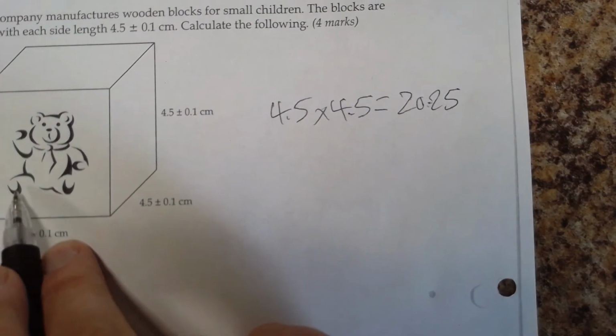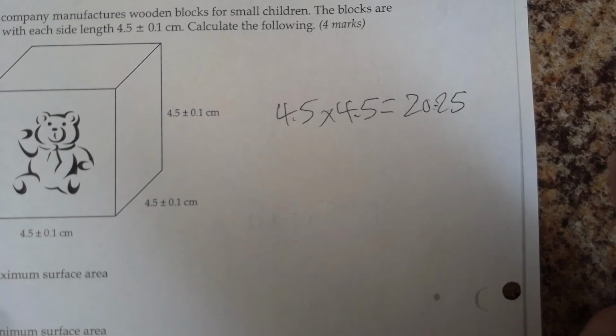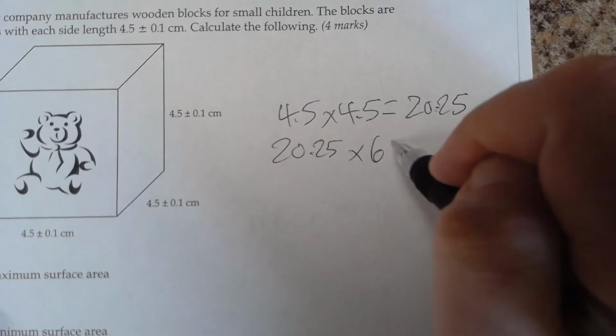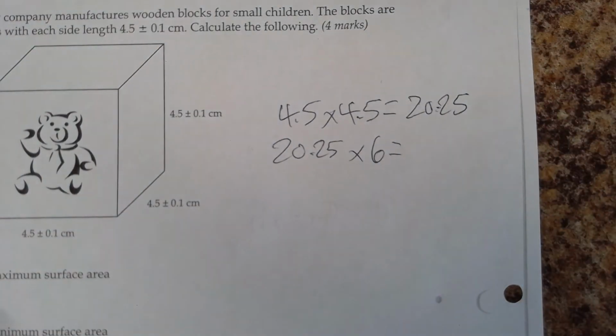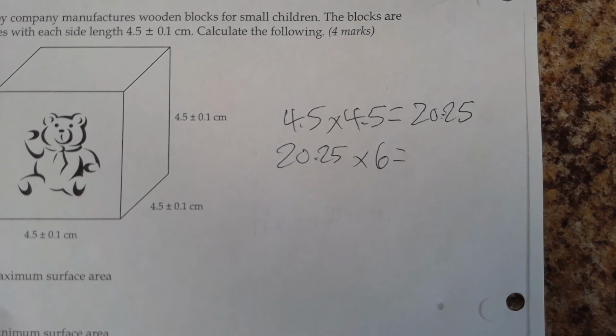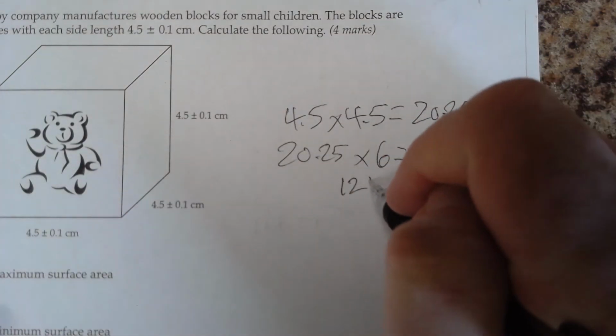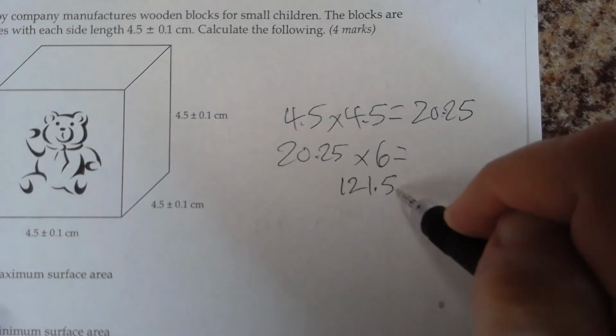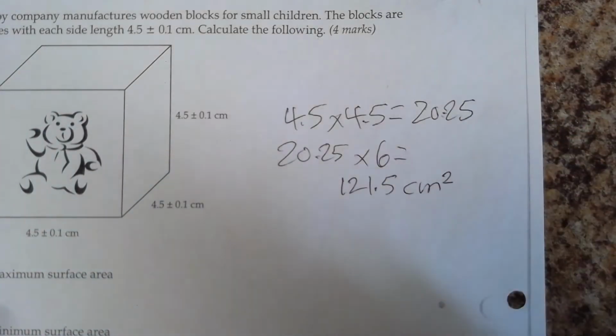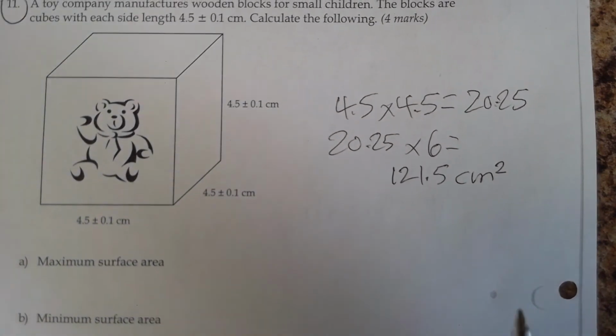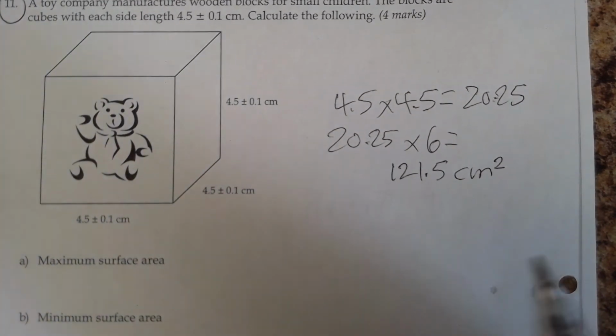Now, how many sides does the cube have? The cube has 6. 20.25 times 6 is 121.5 centimeters squared.